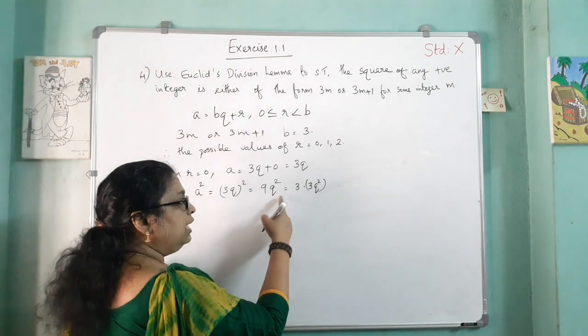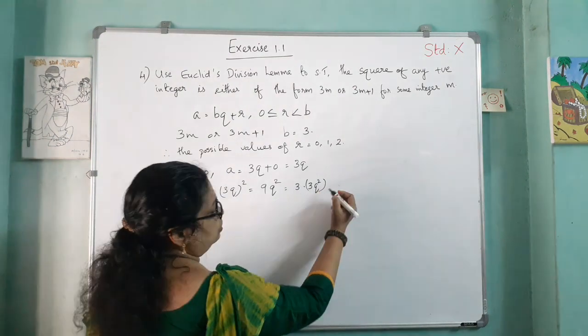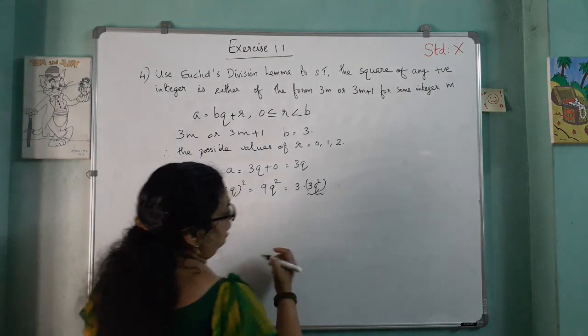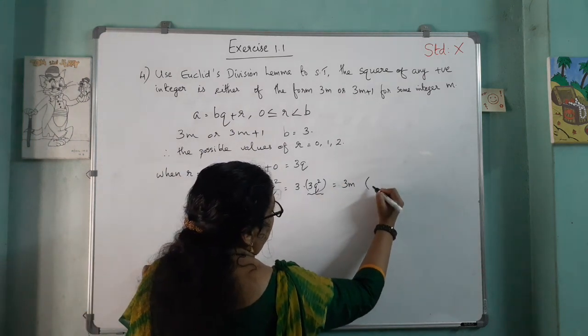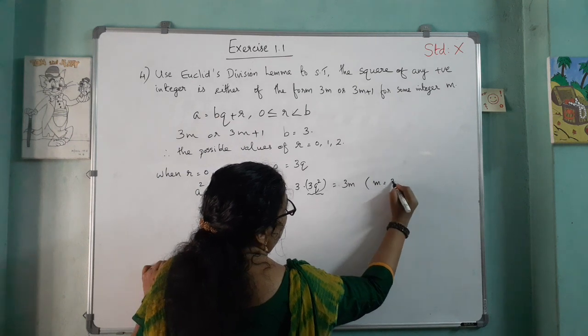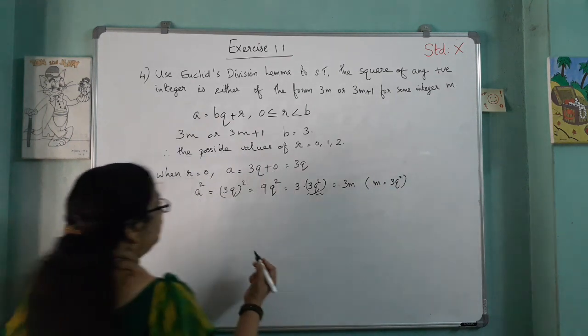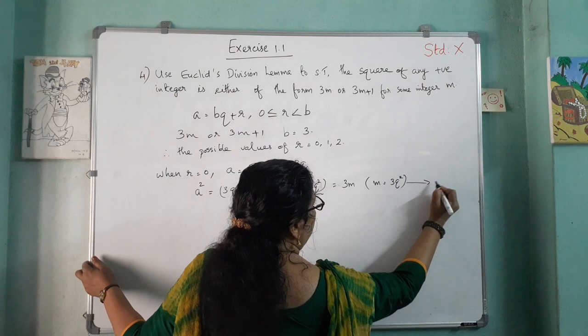Let 3q square be m, then we can write this as 3m. Suppose m equal to 3q square. This is equation 1.